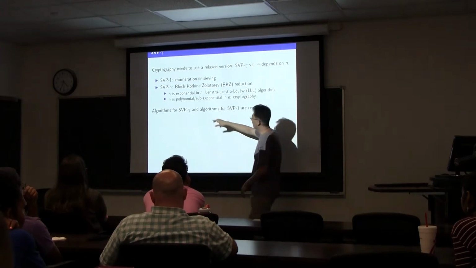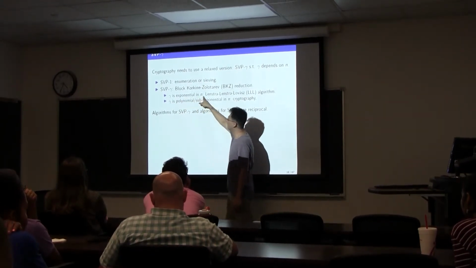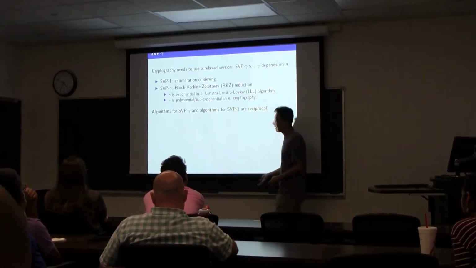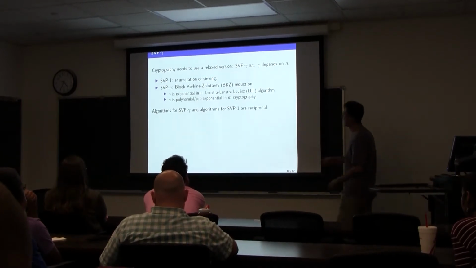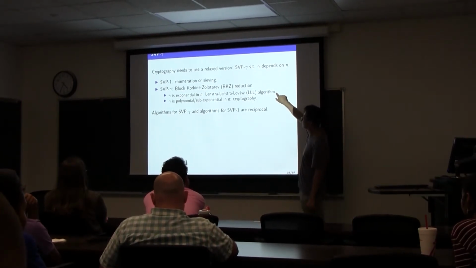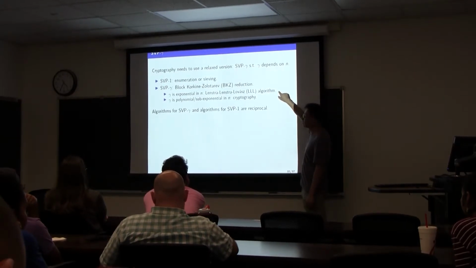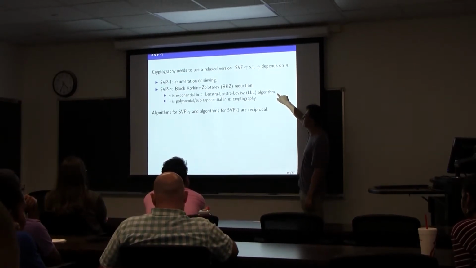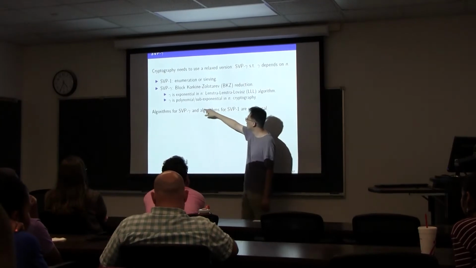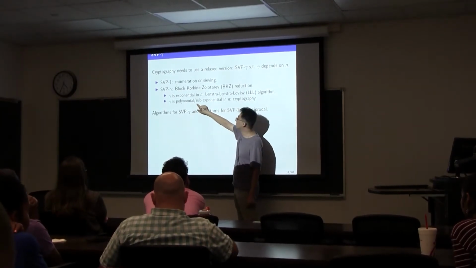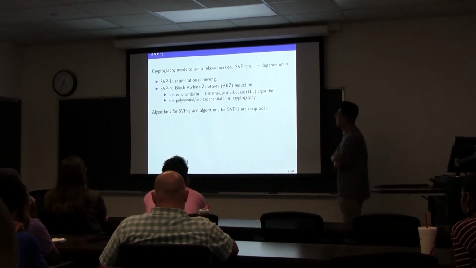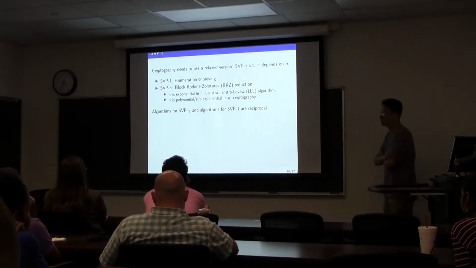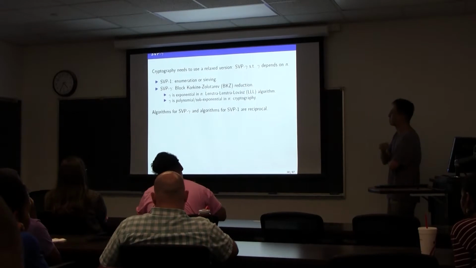For example, if you allow gamma to be exponential in n, so an exponential approximation factor, then you immediately have a polynomial time algorithm. But cryptography needs to prevent this, therefore gamma is usually set to polynomial or even sub-exponential. And in this regime, we don't have a polynomial time algorithm to solve this SVP gamma problem.